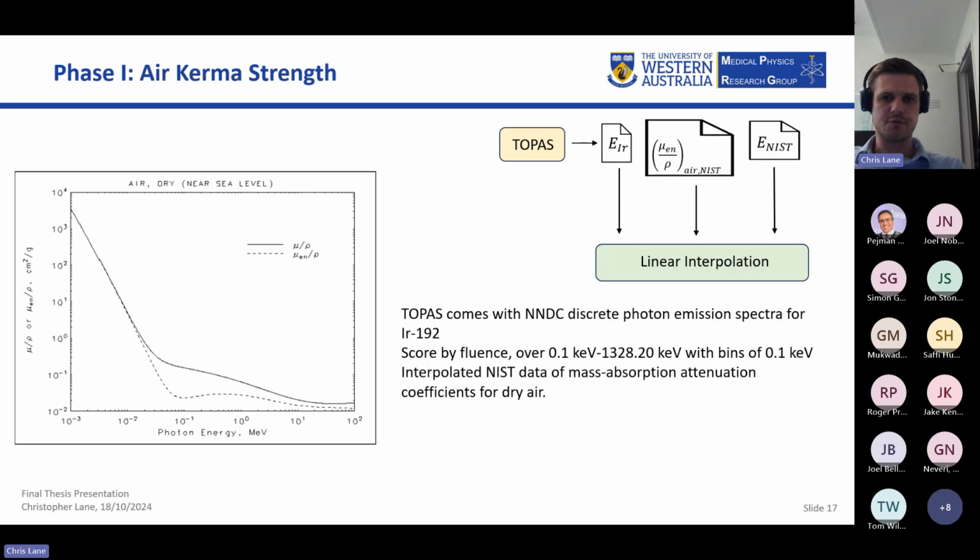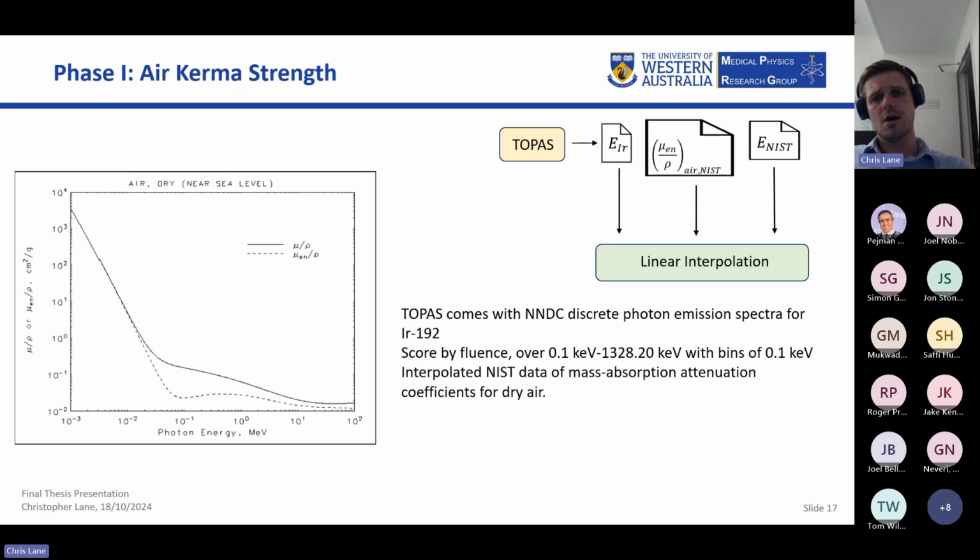So then I was able to attempt to generate the Kerma strength. In order to do that, I used the energy range and the photon spectrum that was within TOPAS, which was, I believe, from the National Nuclear Data Center.